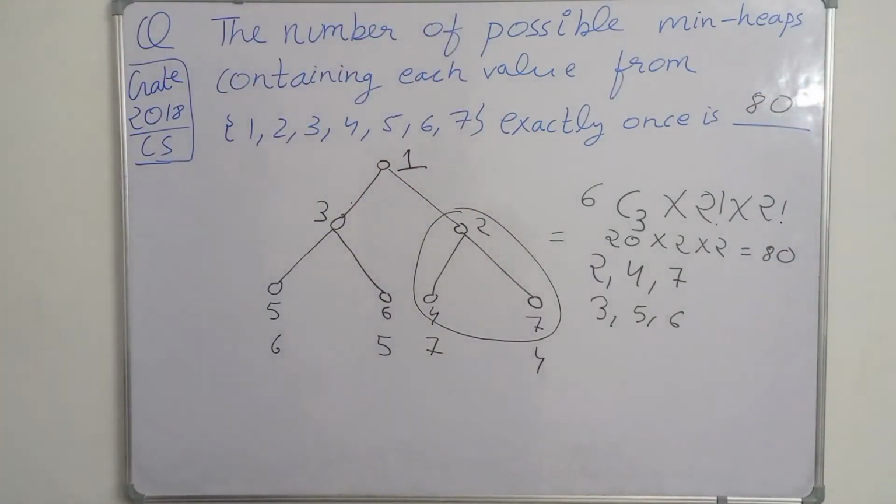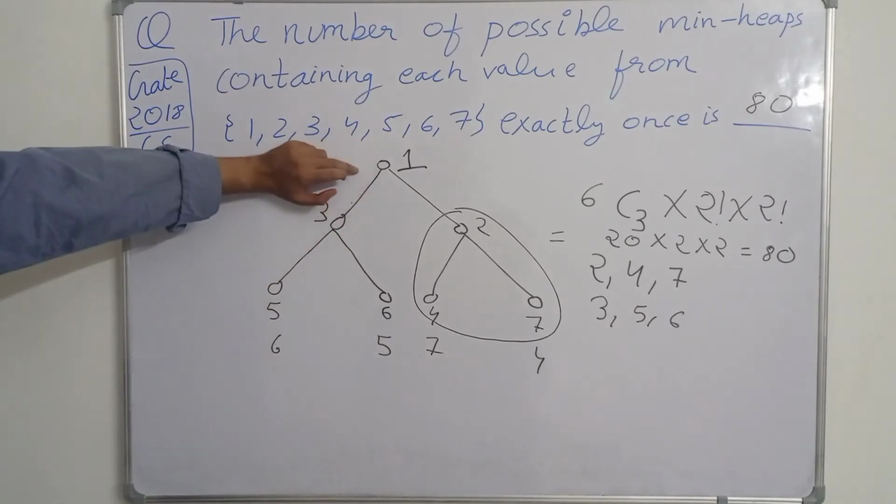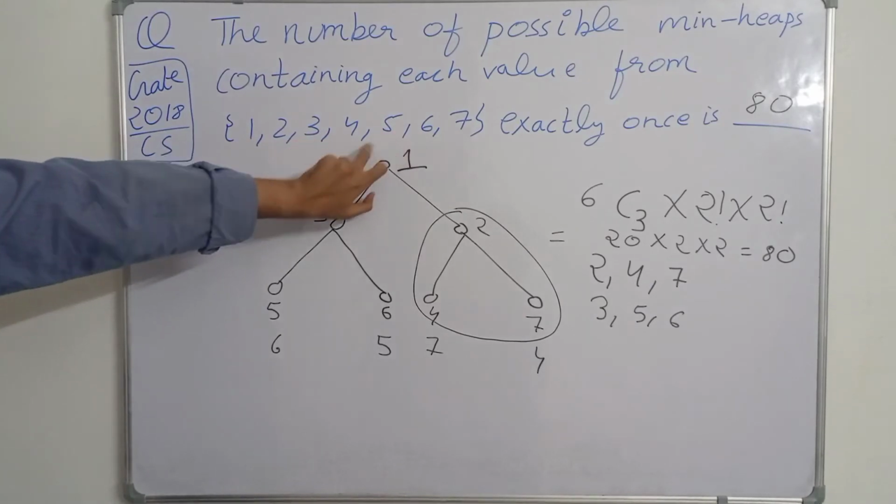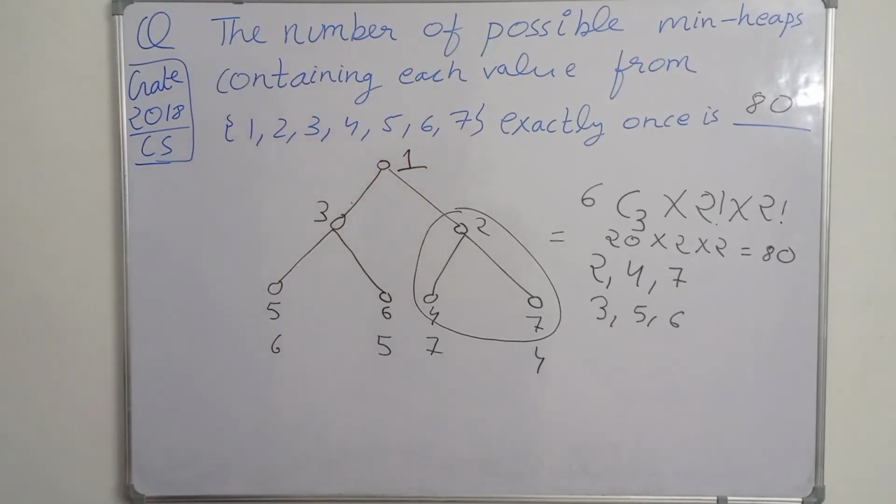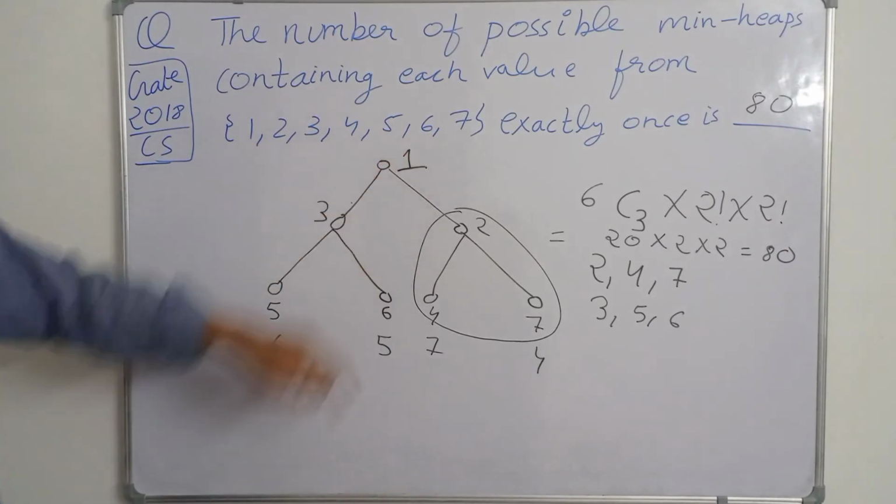The answer is 80. In this way we can solve the question. We have to use the concepts of permutation and combination here. Again, in a min heap the value of the root node is always the lowest. And in a max heap the value of the root node is always the highest.